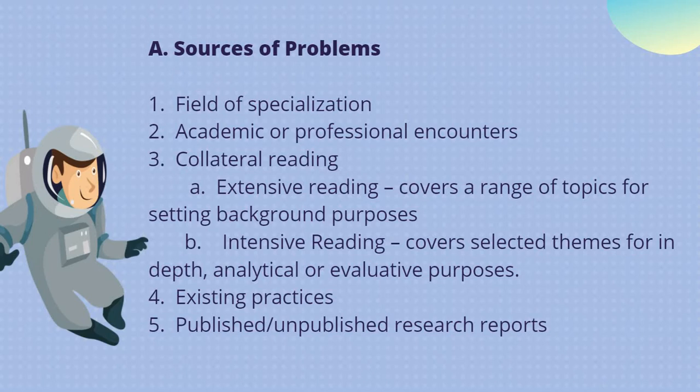Just like everybody else, I also feel it's hard to start, especially when we look at a potential source of problem, because there are so many things to consider. But the first one, we have to tap into the things that interest us. So what interests us? What fields of studies interest us?